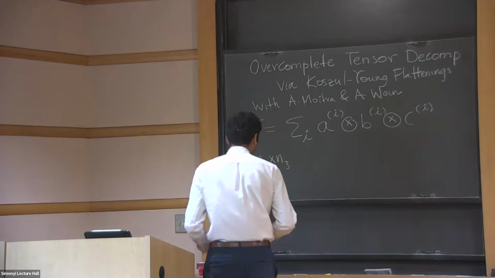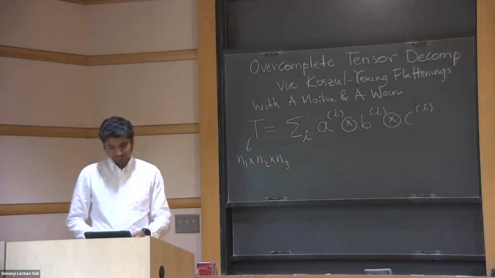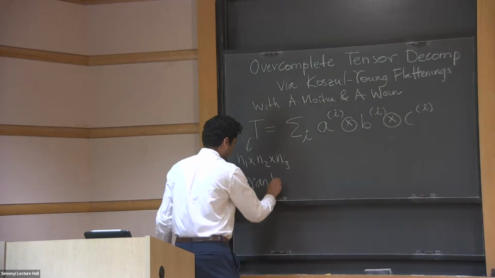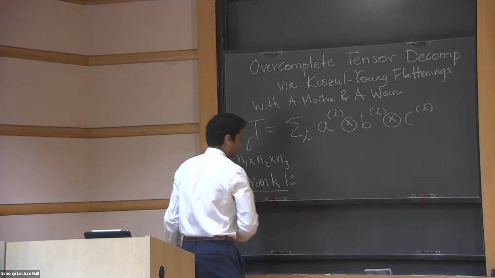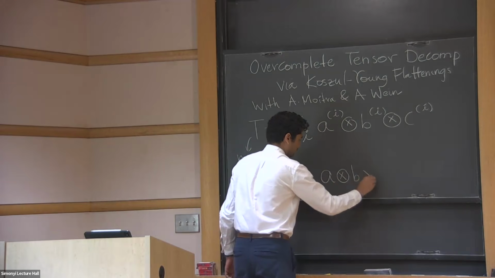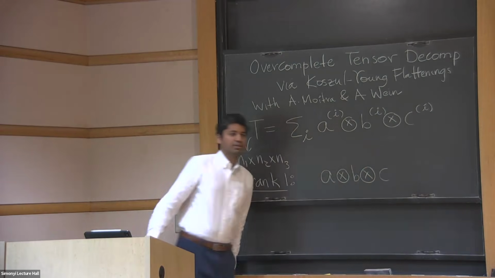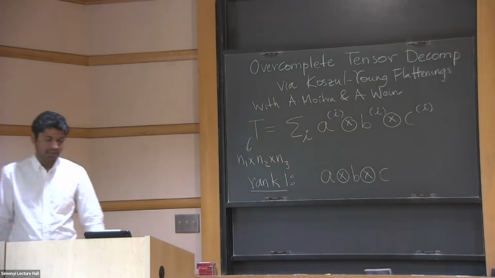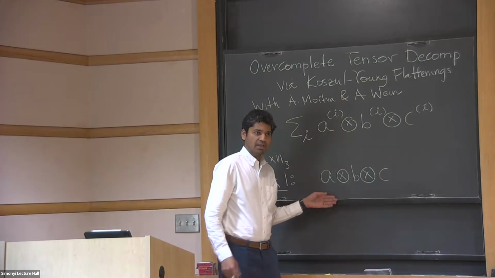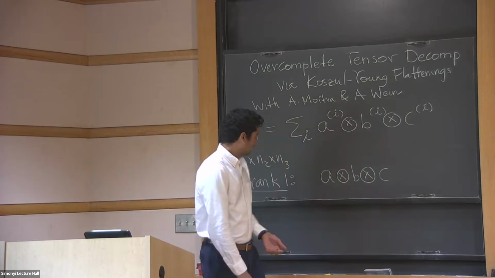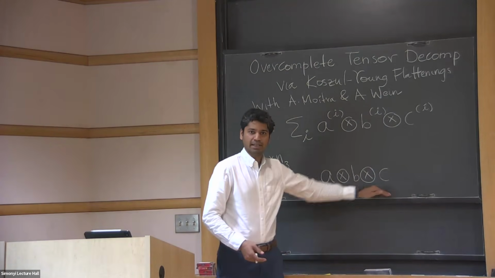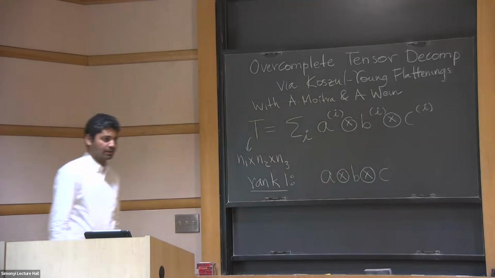Okay, so I'm going to call a tensor rank 1 if there are vectors A, B, C such that the tensor equals A tensor B tensor C. By the way, this notation simply means that, to describe an entry of this object, I have three indices I, J, K, and then the I, J, K entry is simply the product of A_i, B_j, and C_k.